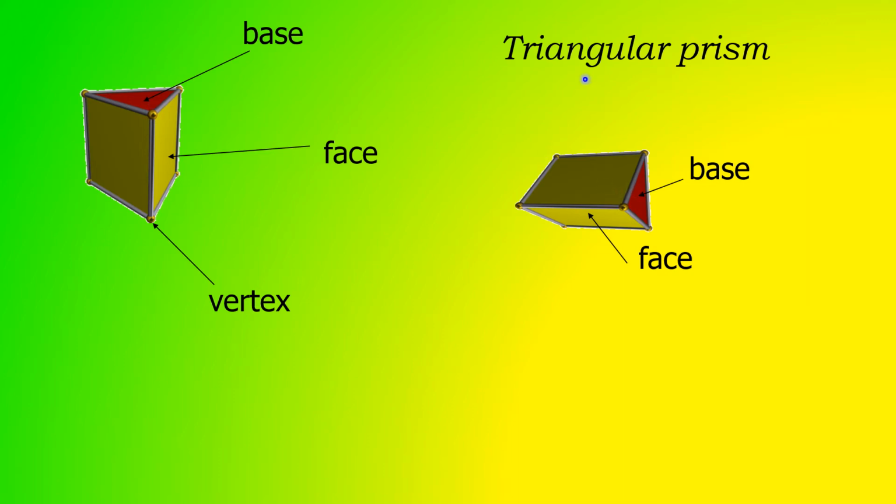Even though it sits on the rectangular surface, the base is always the triangular surface only. So in case of the triangular prism, only the triangular surfaces are treated as the bases.